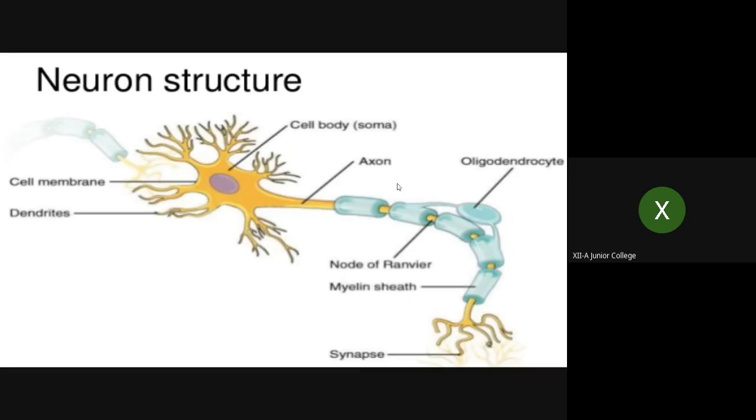One more thing you can see here is this gap where there is no myelin sheath. There is no sheath around this axon, and that is called the node of Ranvier. This part of the axon is not covered by myelin sheath.